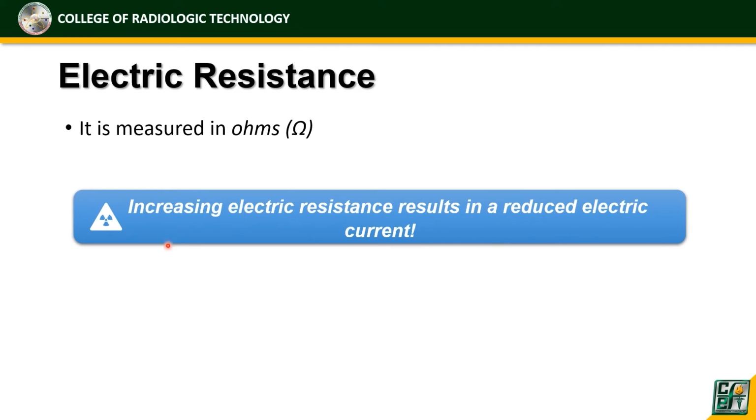Therefore, electric resistance is inversely proportional with electric current. Mas mataas ang resistance, mas mababa ang electric current. Pag mataas ang electric current, mababa ang electric resistance. Okay? So, tanda natin yan. Okay, next.